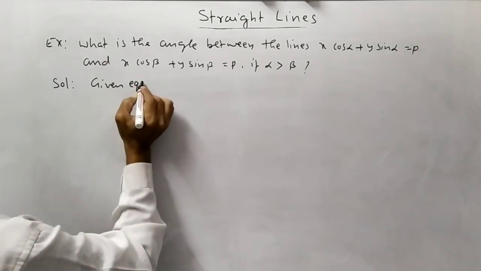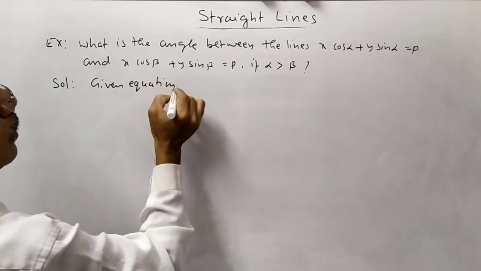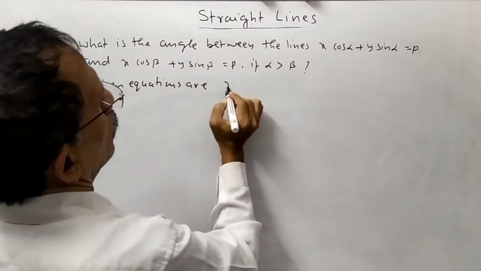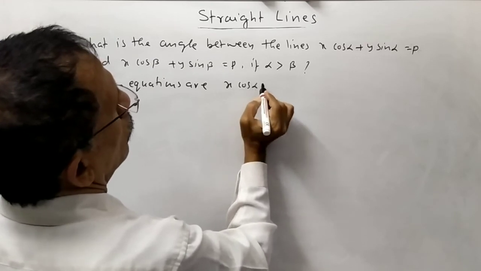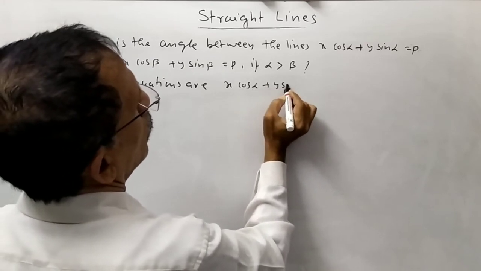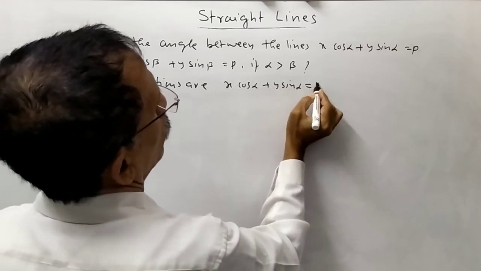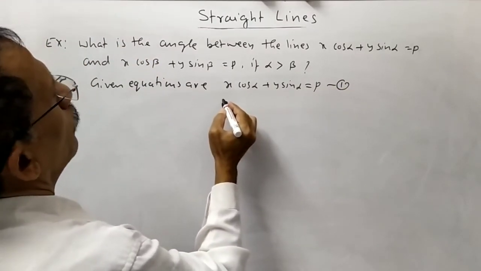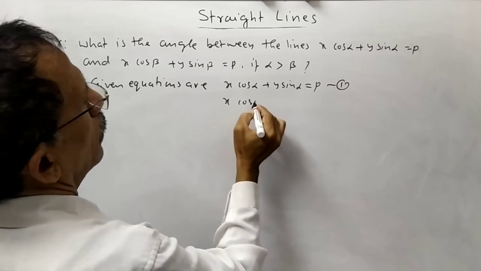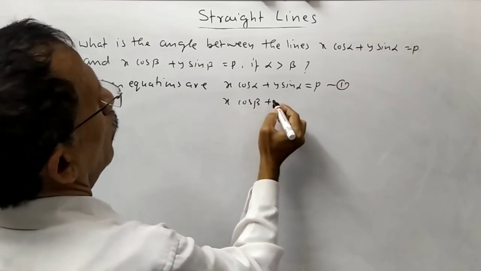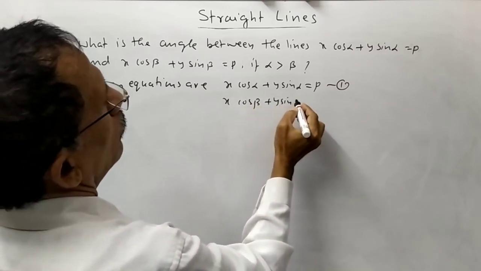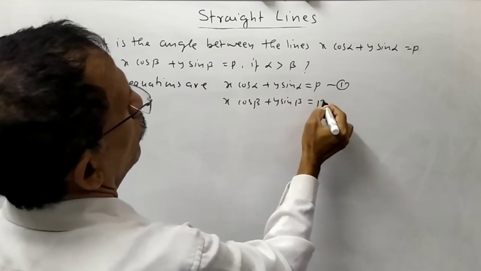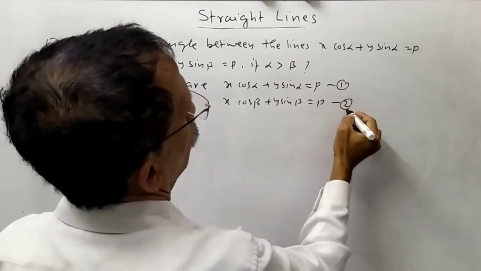Given equations are x cos alpha plus y sin alpha is equal to P, say number 1, x cos beta plus y sin beta is equal to P, say number 2.